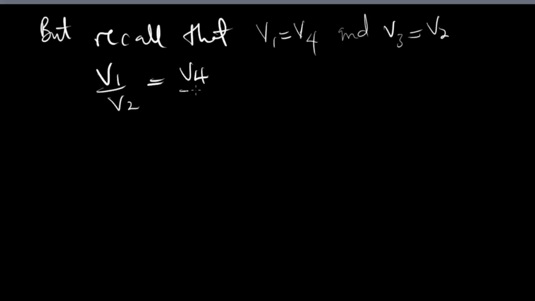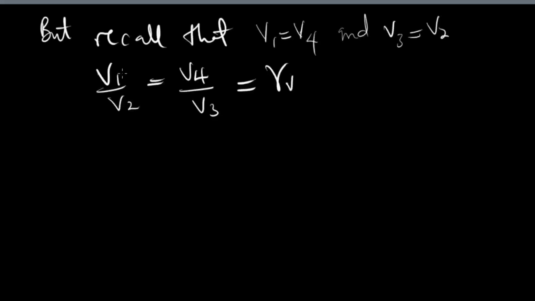Recall that V1 is equal to V4 and V3 is equal to V2. So that means that V1 over V2 is equal to V4 over V3, which is equal to RV, since RV is equal to V1 over V2.